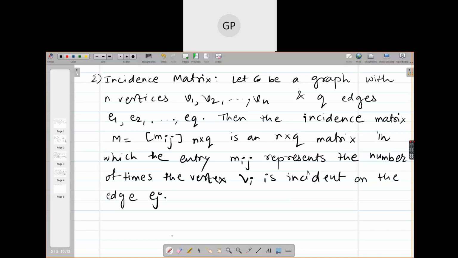If Vi is an end vertex of Ej, then we say that Ej is incident on Vi. So let us make that particular correction. Number of times the vertex Vi is an end vertex of Ej, you can say.